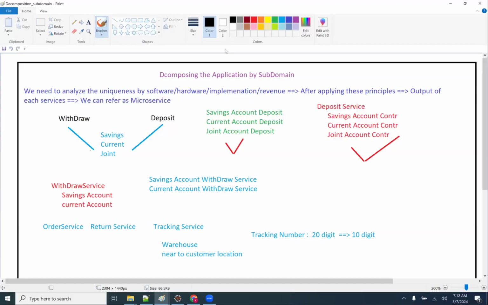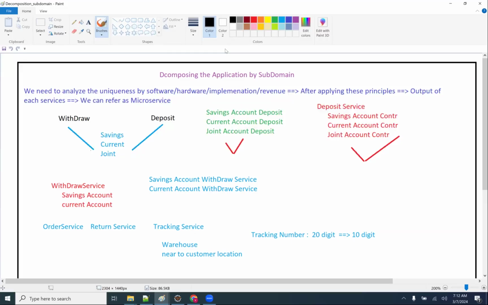Yes. The implementation is completely different. If I have a problem in tracking, just like the tracking number is 20 digits but I took 10 digits, it's purely a problem with tracking service. So order service is a separate microservice, return service is a separate microservice, tracking service is a separate microservice.